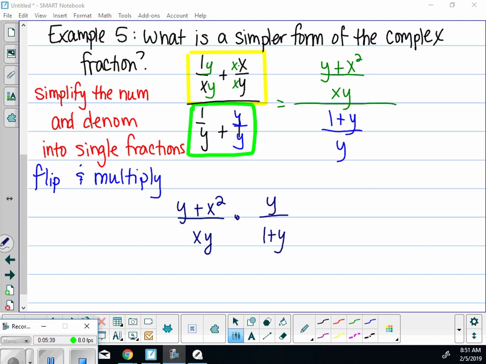When we multiply fractions, we want to look for things that we can cross-reduce. So I can't factor y plus x squared. They have nothing in common. So I'm really not going to be able to do anything with that unless there happens to be another y plus x squared somewhere, which there's not. I have an x and a y.